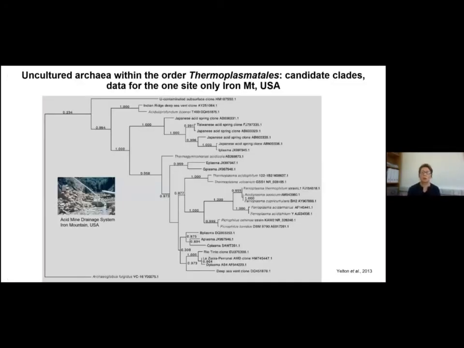There is also huge diversity among uncultured archaea within the order Thermoplasmatales. And here is the example of only one site, which is Iron Mountain in the US. You can see that there are a lot of different clusters of these organisms, which were given names in the alphabet plasma series, represented within the order Thermoplasmatales.